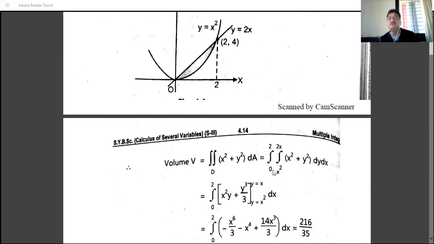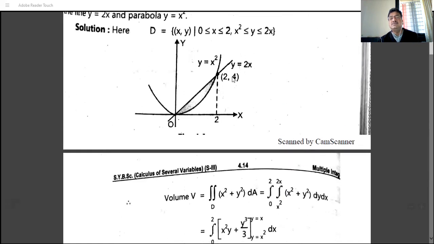In order to integrate with respect to y first, take a strip parallel to the y-axis. Draw this strip parallel to the y-axis, and one end touches the line y is equal to 2x, and the other end touches the parabola y is equal to x square. So the limits are x square and 2x.